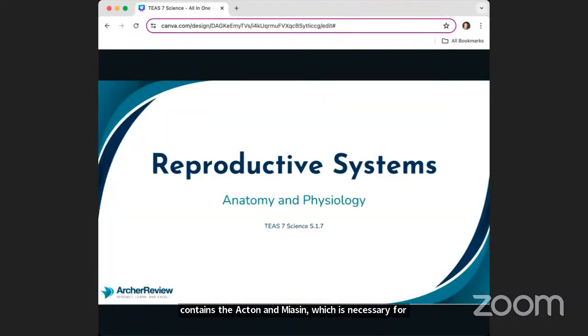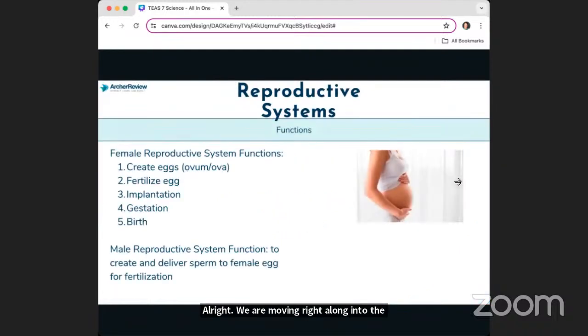All right, we are moving right along into the reproductive systems. There's male and female. So the reproductive functions. For a female, the reproductive system, its whole purpose is to really do 5 different things. Create eggs, which we can call ovum for singular or ova for plural.